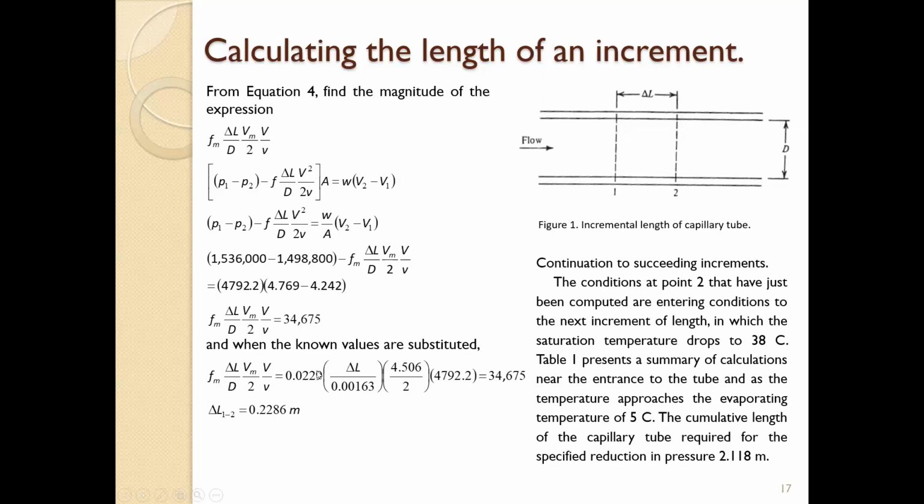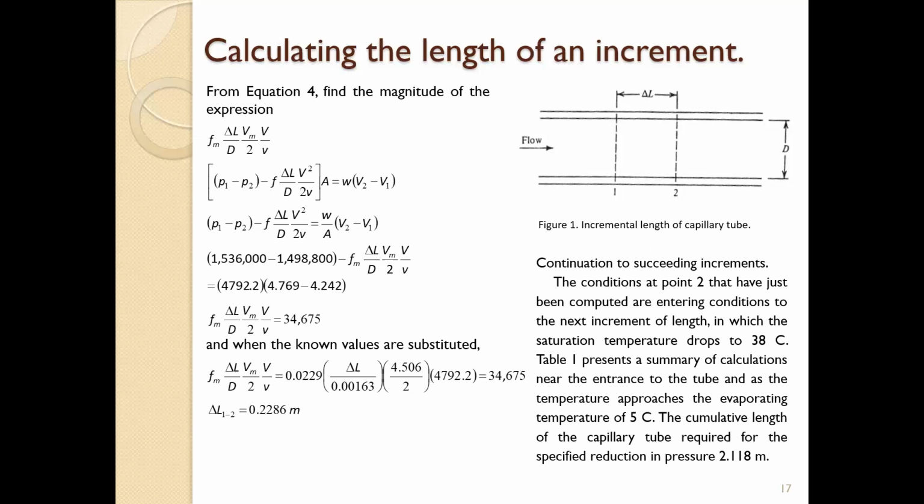Yes, that is why it was dropped, because this v over v is constant. So this is now 34,675. So delta L from 1 to 2 is 0.2268. Now, continuation to succeeding increments. The conditions at point 2 that have just been computed are the entering conditions to the next increment of length. So that becomes your point 1.